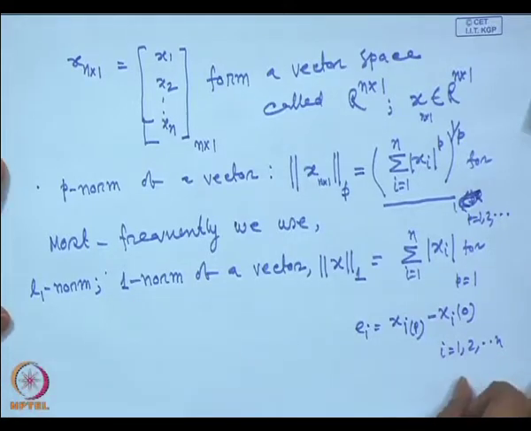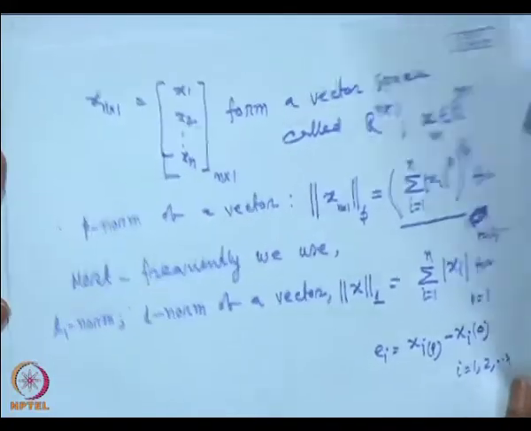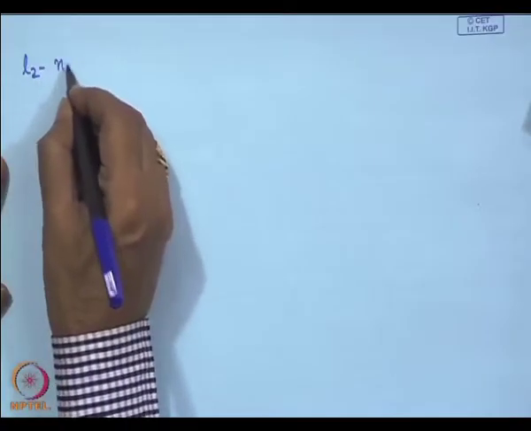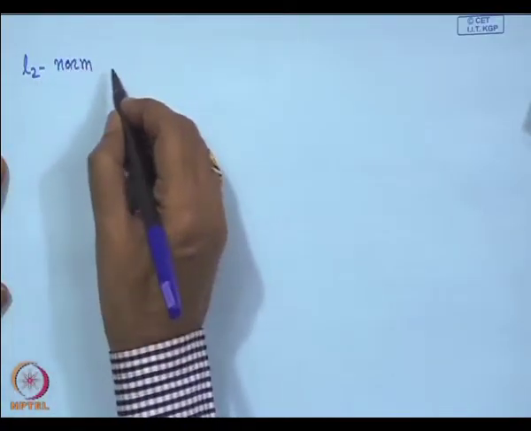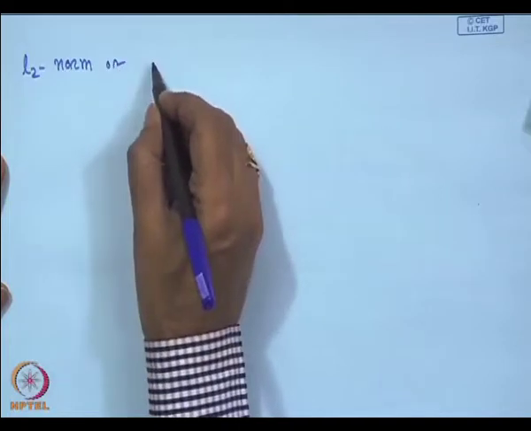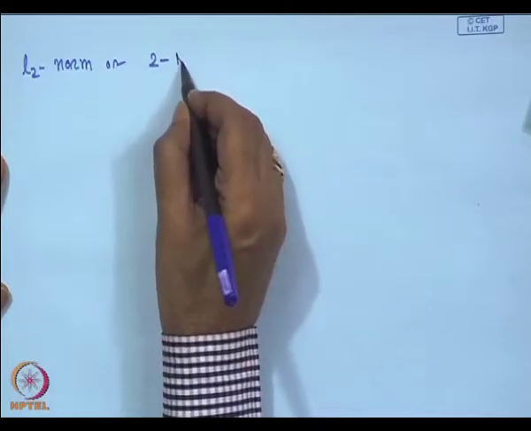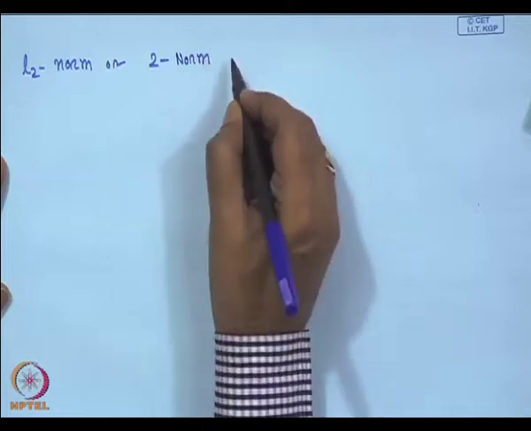Next is your norm 2. When is it norm 2? It is when p is equal to 2. This is the L 2 norm, or it is called the 2 norm of a vector.